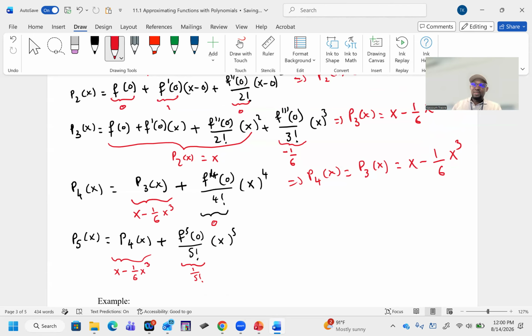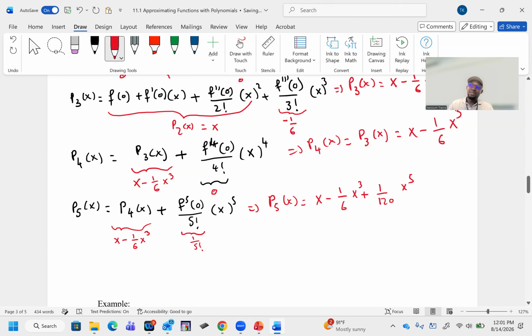So my p sub 5 would be x minus 1 divided by 6 times x cubed, plus, 5 factorial is 120, 1 divided by 120 x to the power of 5.